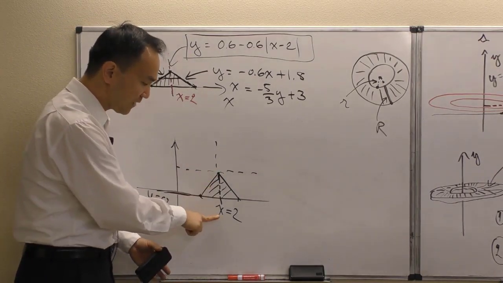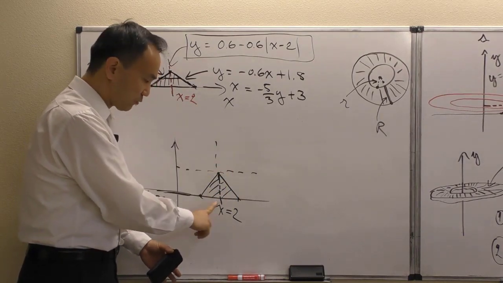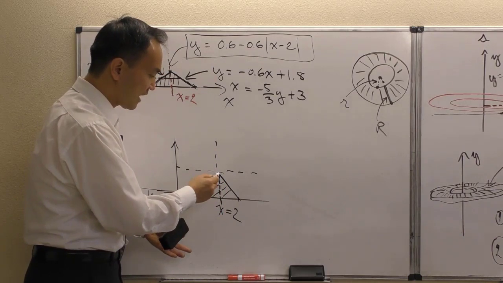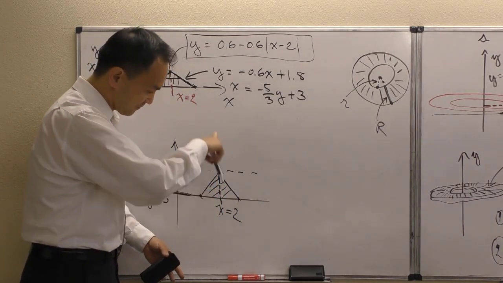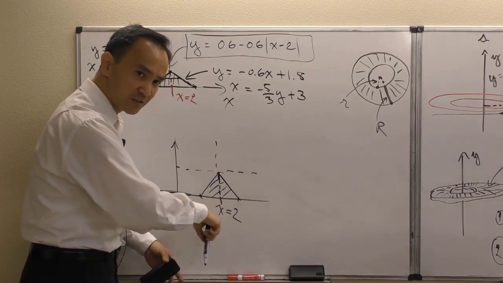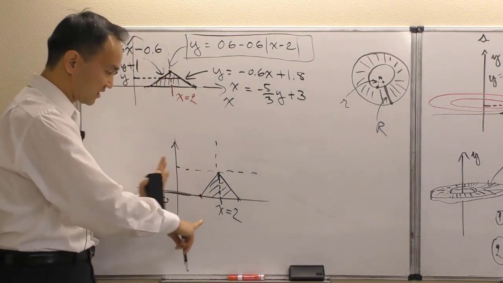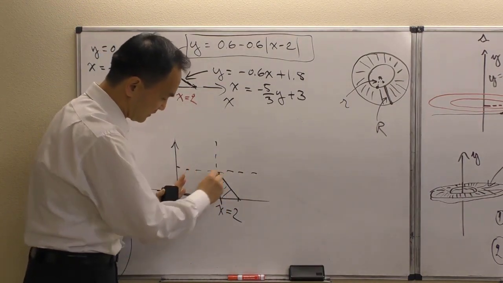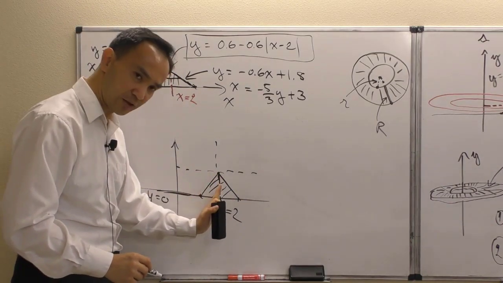An absolute value function, especially when it's pointing down like that, hits its peak point, the highest point, at x equals 2, at that center of symmetry. It's not the center of symmetry through the y-axis, but it has a center of symmetry right through the region. So x equals 2 is that middle line right through the region.